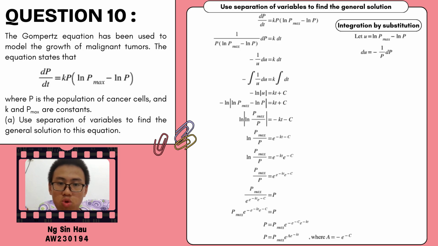Let u equal ln P max minus ln P. So we get du equals negative 1 over P dP. Then we substitute into this problem so we can integrate separately easily. So the final answer is P equals P max exponential to A exponential to negative kt, where A equals negative exponential to negative C.